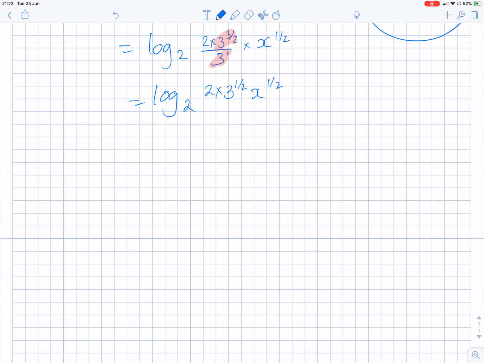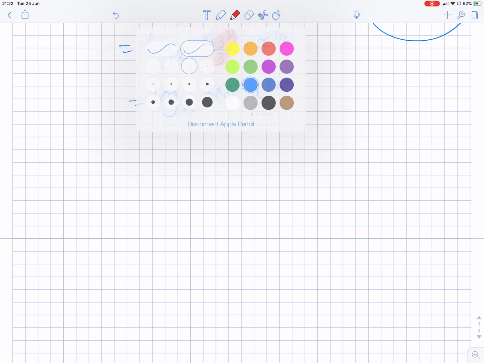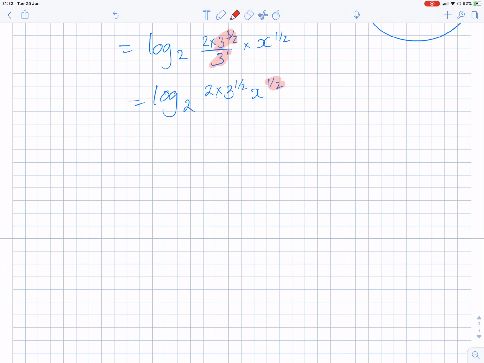You can just leave the number here, but this half here will come over here and become half log 2 root 3 x, okay, base 2, and that's it.